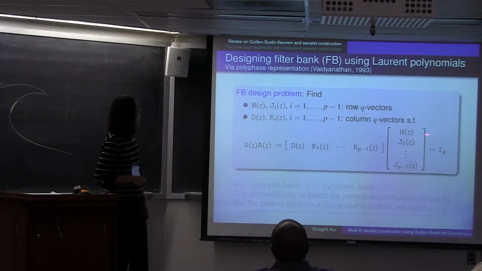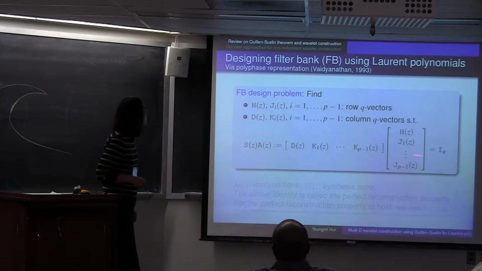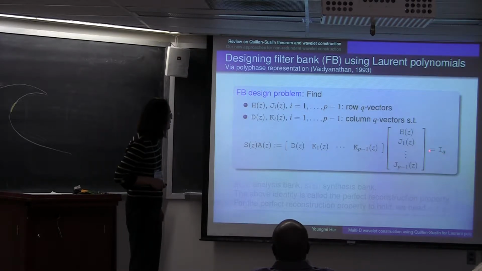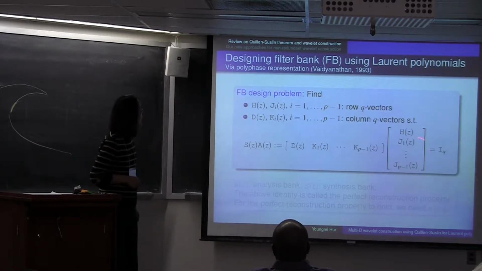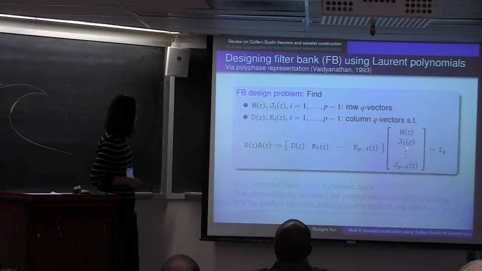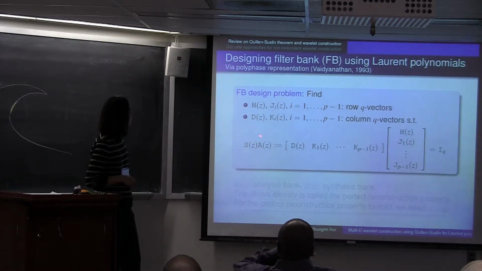This equality is saying perfect reconstruction. If you multiply this from the left, that can be considered an analysis operator, which is why I'm calling it the analysis bank, and I will denote it by I of z. Then synthesis comes next: this is the synthesis bank, denoted by S of z.